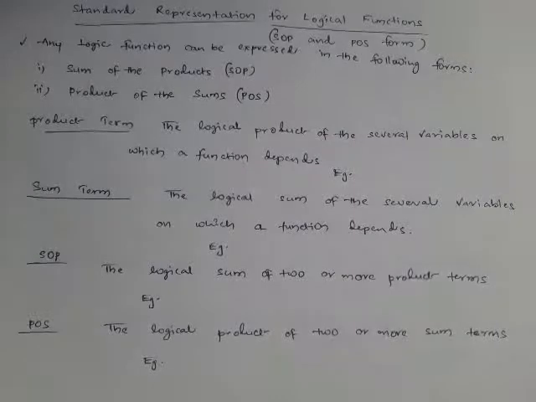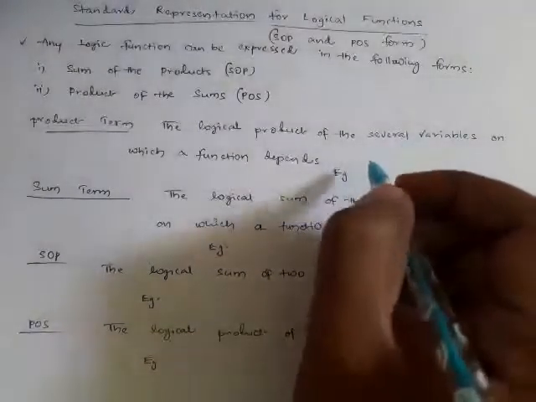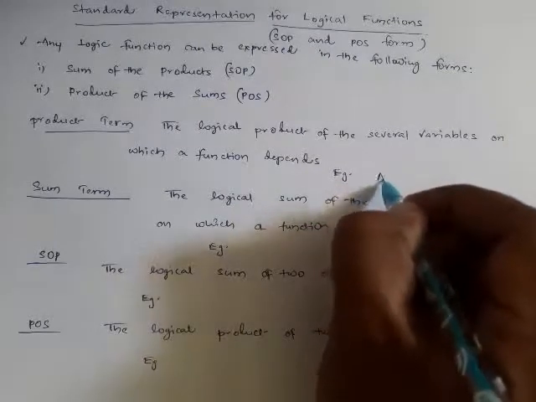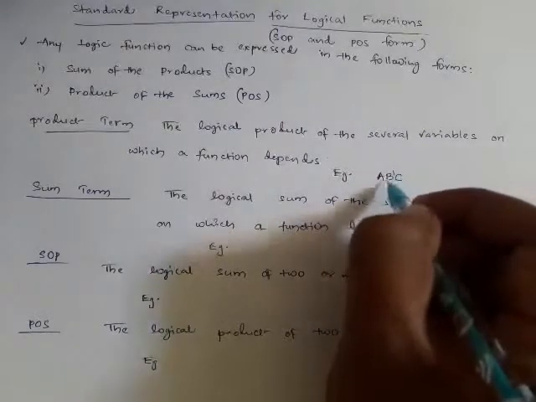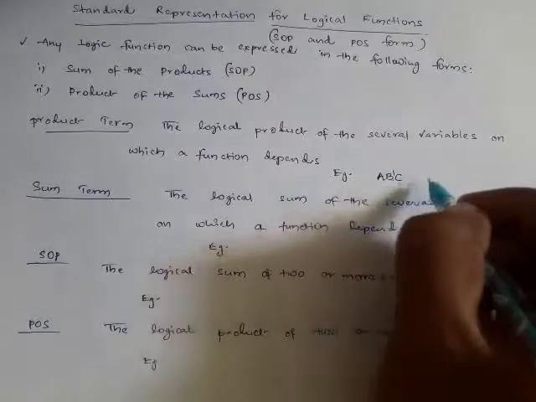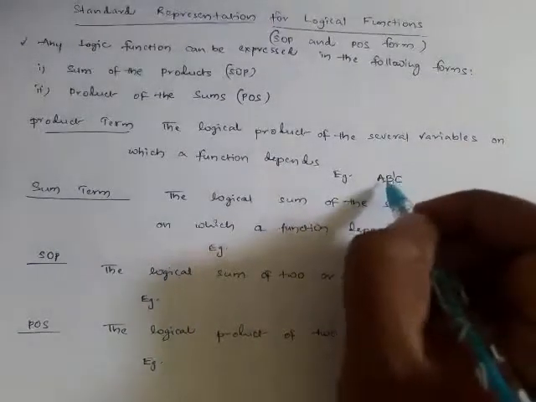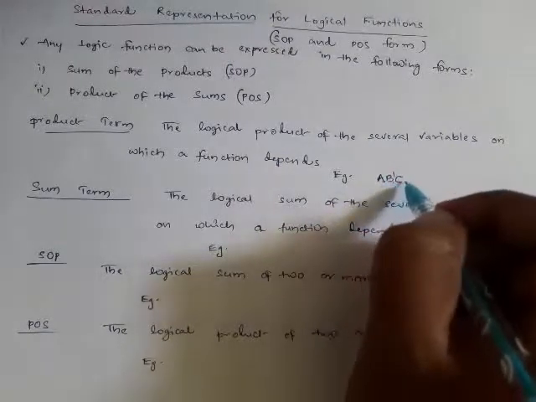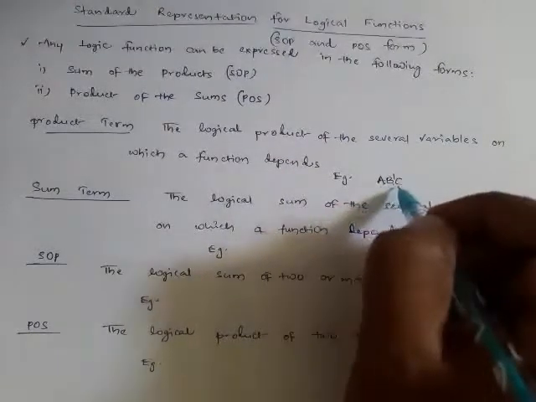So if I assume that a function depends on three variables, then I can say that the logical product of the three variables A, B bar, C, where the variables may be present either in original form or in its complement form, is called a product term.